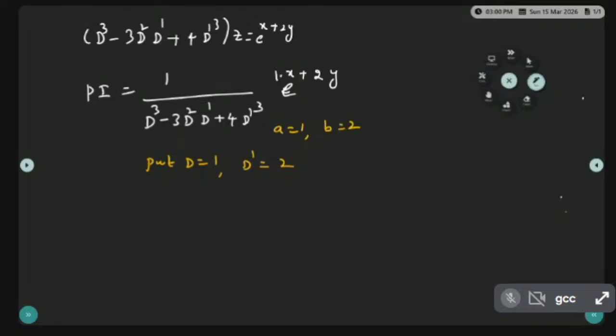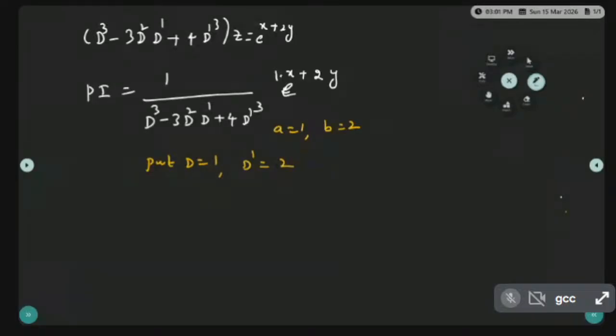Dear students, here the x coefficient is 1, that is a, and the y coefficient is 2, that is b. Now substitute d equal to a, d dash equal to b. What is the result? Have you understood that? Substitute d equal to the first value, the a value, d dash equal to b, the second value.